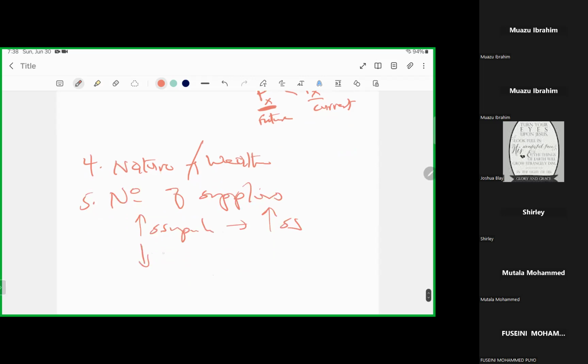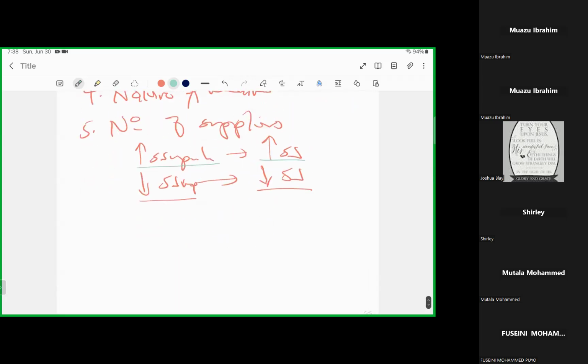And if you have a smaller number of suppliers, then you have less supply, because collectively the quantity supplied of that particular good will be lower when you have fewer suppliers. But when you have many suppliers, supply tends to be very high. Of course, natural disasters are also key factors affecting supply.